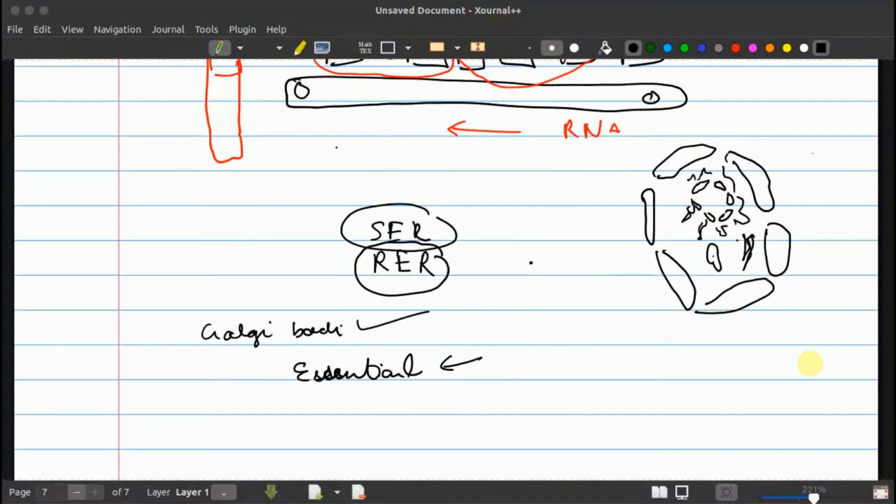You don't need to get it from food directly. Essential are those which you need to get from outside sources because your body cannot produce them, and non-essential are stuff that you can make. Because you can make it, why would you get it from outside? So it's not essential to your consumption.